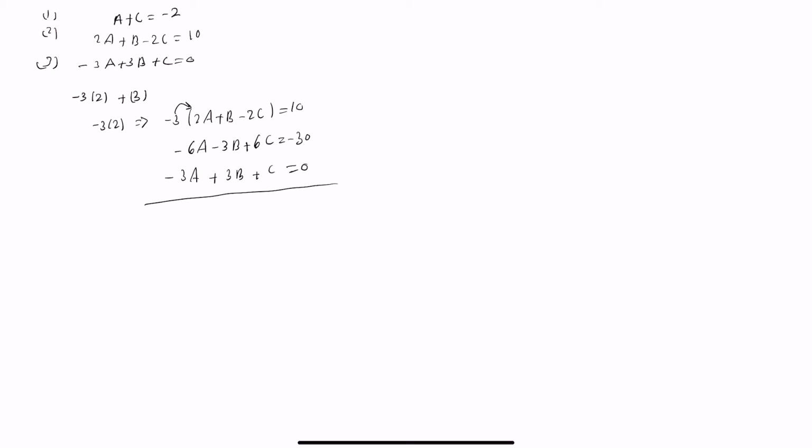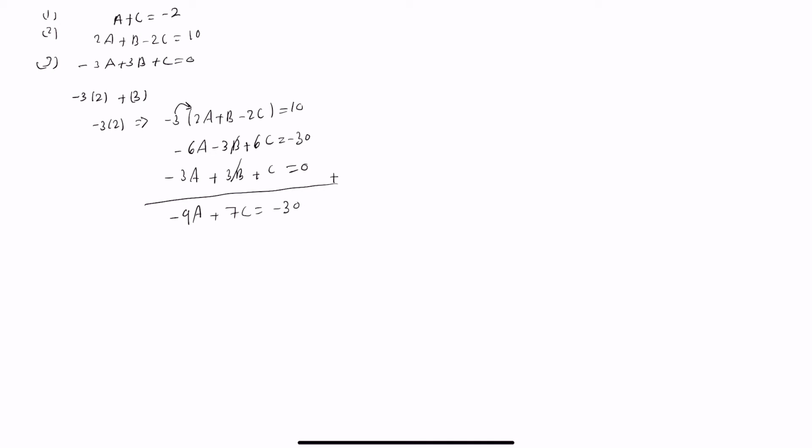Now let's add these. First, the a's: minus 6a and minus 3a is minus 9a. The b's are going to cancel. And then the c's: 6c plus 1c is plus 7c. That is equal to minus 30.